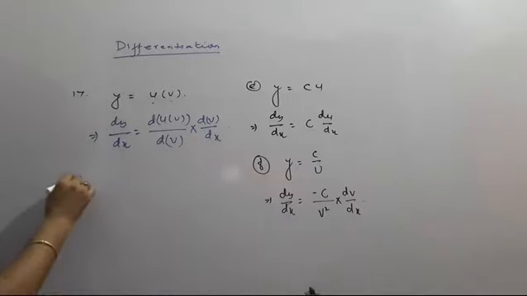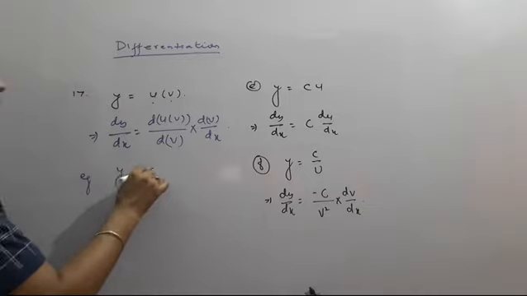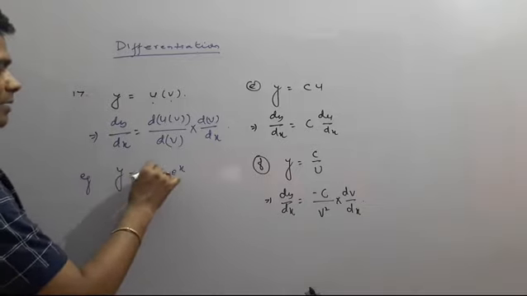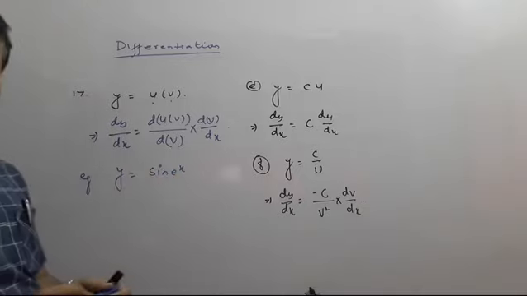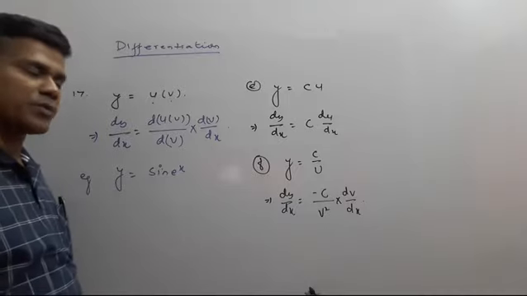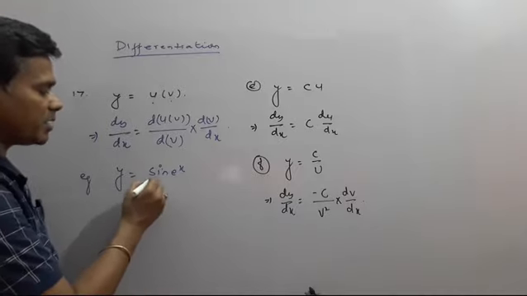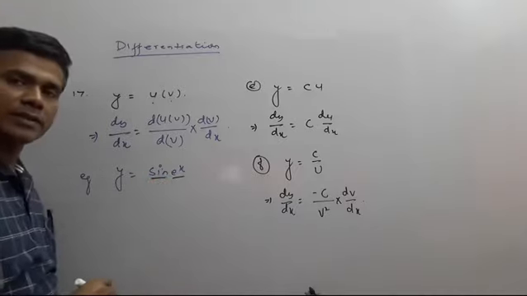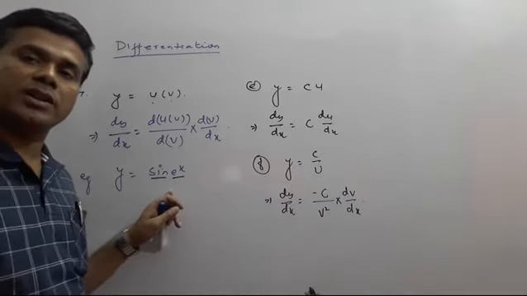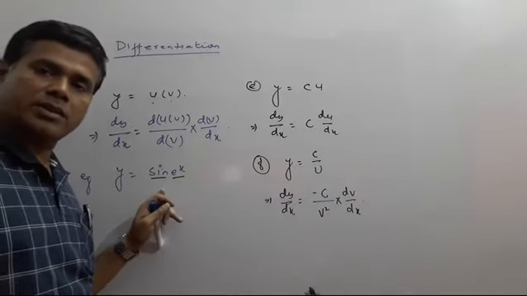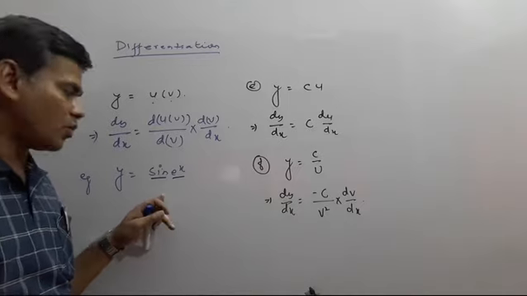One example I taught at the time is y equals sine of e to the power x. Again suppose I am asking you what type of relation is in between sine and e to the power x. Will you say addition? No. Subtraction? No. Multiplication? No. Division?